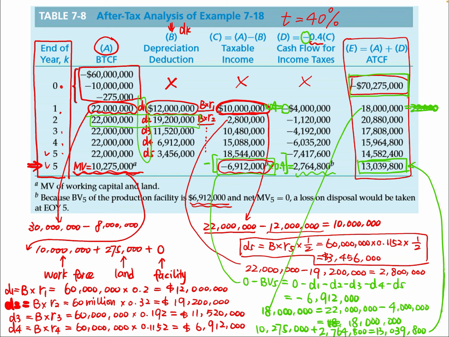That's how you get this. Okay, so this problem, the tricky part is the last row, and you need to understand the facility is the only thing that is depreciable. The land and the workforce are not, and that is why here you got this number. Okay, this is the tricky part. All right, and also don't forget about the negative sign here. All right, so this is all about this problem.